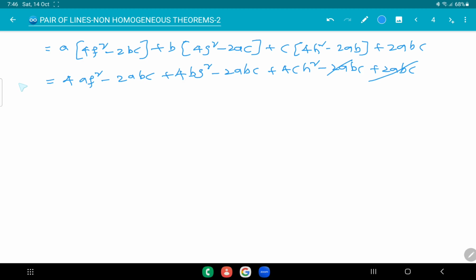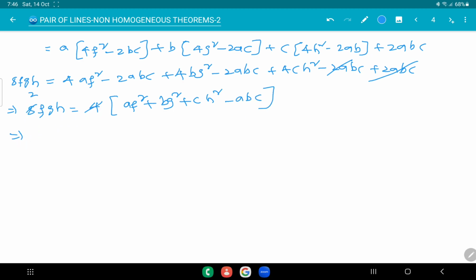So 2abc cancels. This is all 8fgh, so 8fgh is equal to 4 common, af square plus bg square plus ch square minus abc. The 2 times cancels, bringing everything to the right hand side. What do we have?